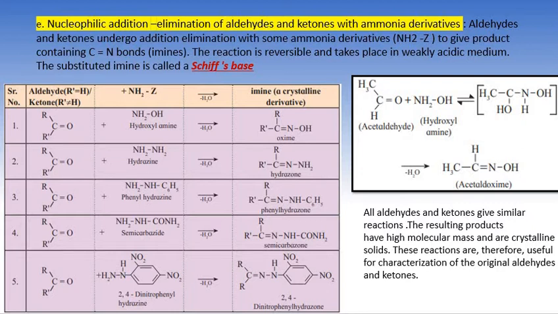How does the addition-elimination reaction happen with aldehydes or ketones and these ammonia derivatives? Let's see one example here. Let's take acetaldehyde having the CHO group, and it is reacting with hydroxylamine, NH2OH. First, what will happen?